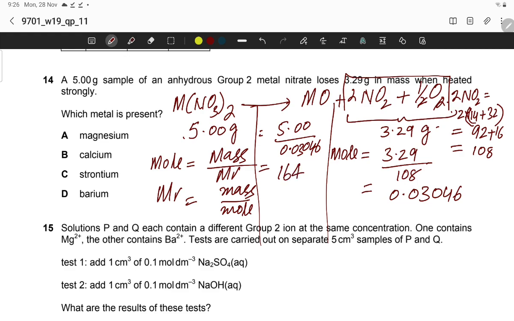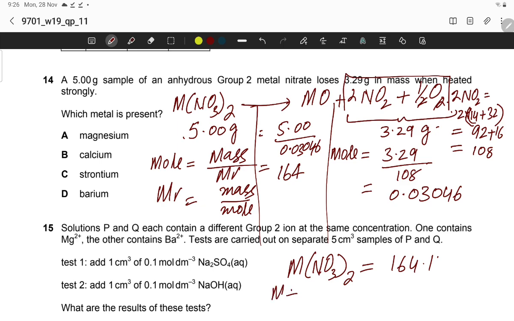Now we can identify the Ar. M(NO3)2 is equal to 164.1.